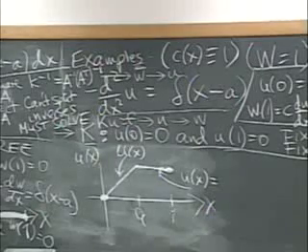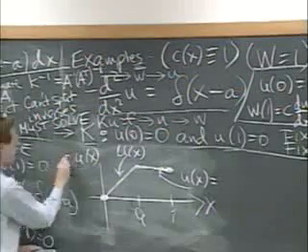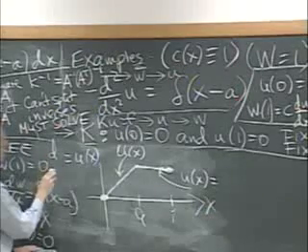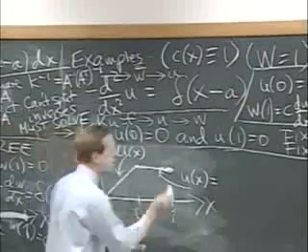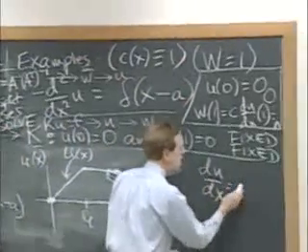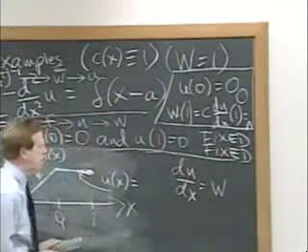What's the equation for u? Yeah, du dx is w, right? Du dx is e times w, but that's the same as w here because I took c to be 1.